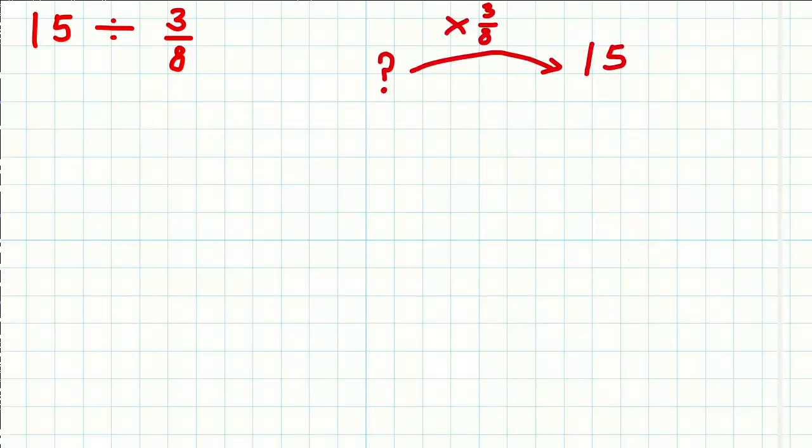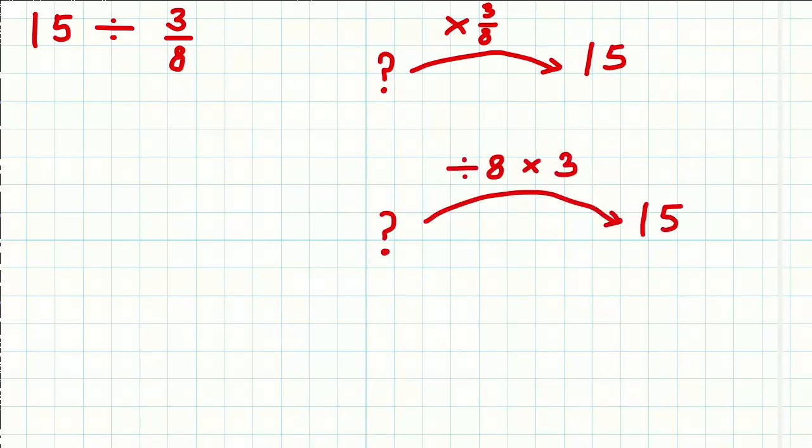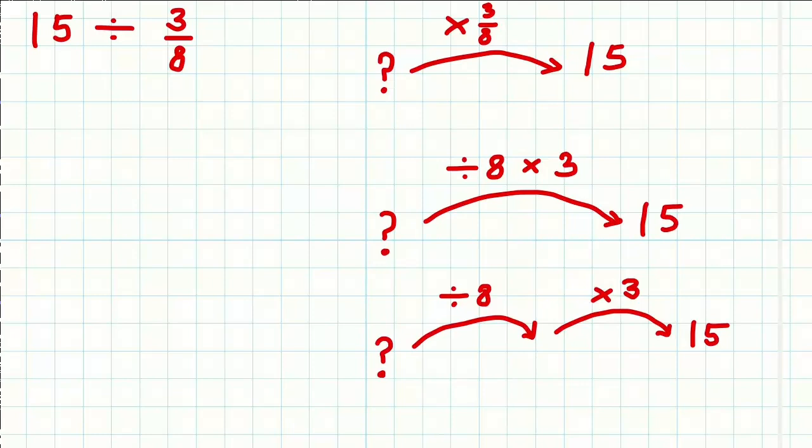So how did we find 3/8? Well, we divided by 8 and then multiplied by 3. So now we need to go backwards for both of these steps. The opposite of times by 3 is divide by 3. The opposite of divide by 8 is times by 8.